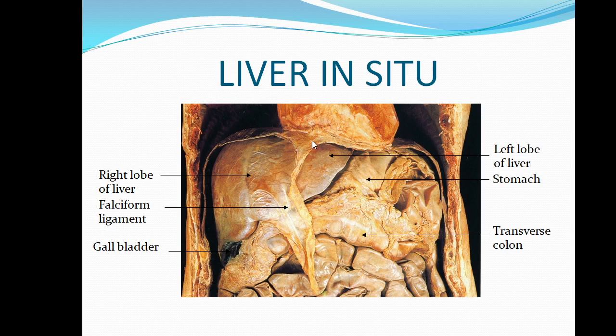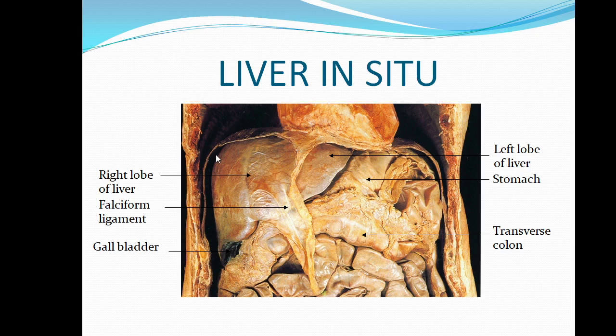Here in this dissection, you can see the liver in situ. You can see the right dome of the diaphragm, the anterior abdominal wall, and the lower part of the thoracic wall has been cut and removed. Here you can see the heart inside the pericardium.